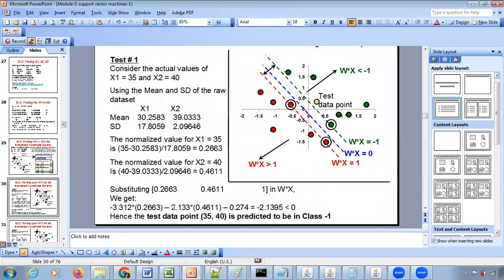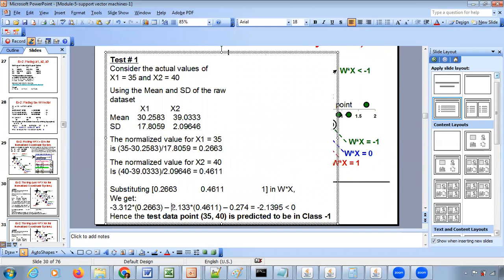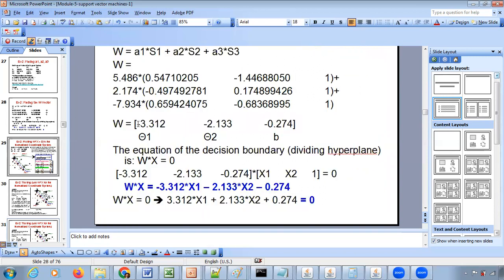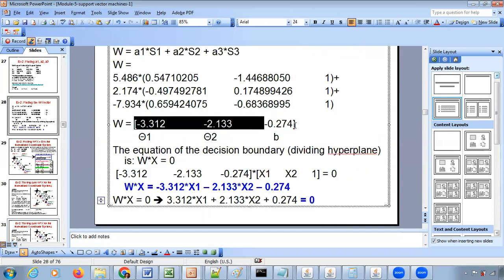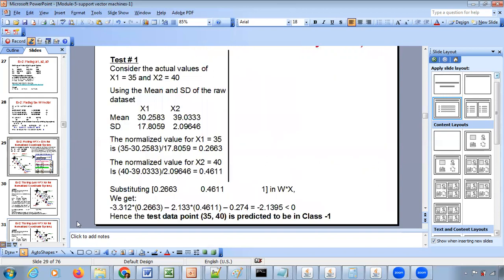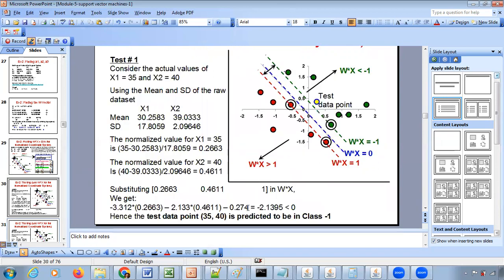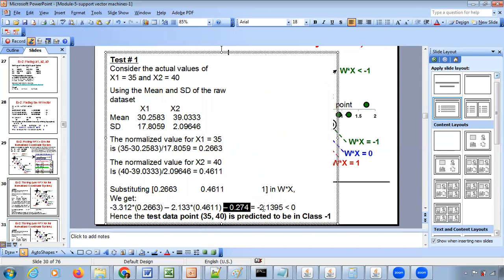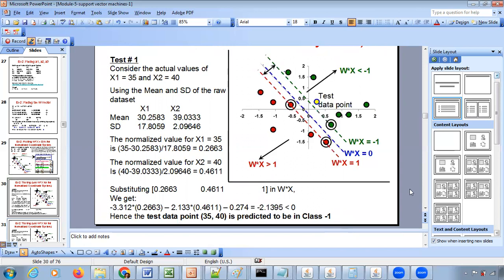So negative 2.133 times 0.4611. Just remember to use this. I'm emphasizing because if you use w times this version, you'll get it wrong, because here we have divided by -1 and changed the sign. Then minus 0.274. So you get negative 2.1395, and that's less than 0. So it belongs to class -1.